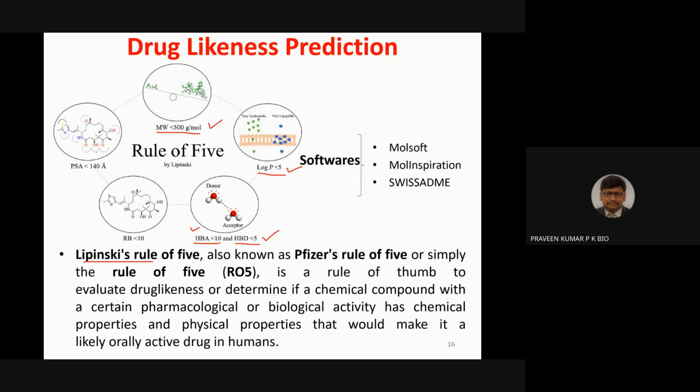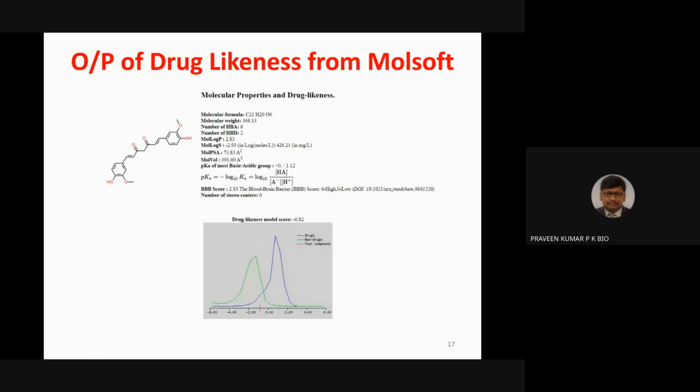Other filters like Veber and Muegge also involve these physical properties, I mean chemical properties, of the drug. This is a physical property linked with a chemical property. These are some of the properties we consider for drug likeness prediction.